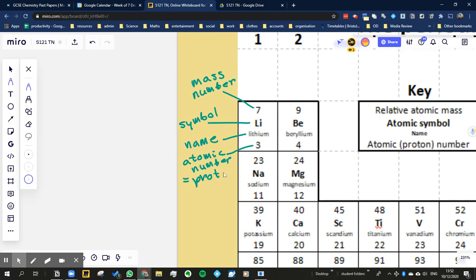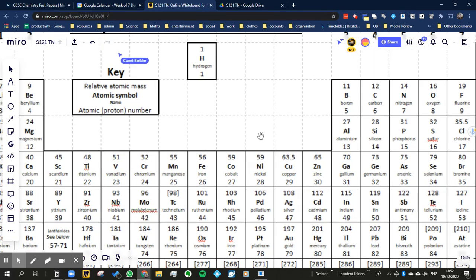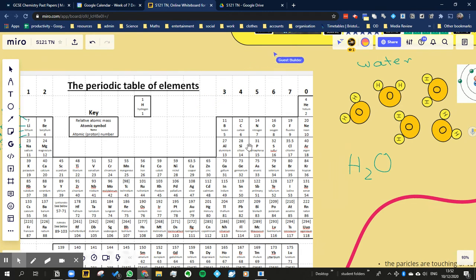I won't go into what the mass number does yet, but the most important thing is the protons. The protons tell you what element it is. If it's got two protons, it's helium. It doesn't matter about the number of electrons and neutrons. You can mess around with that all you like. It's still going to be helium because it's got two protons. If it's got 6 protons, it's carbon, and so on.